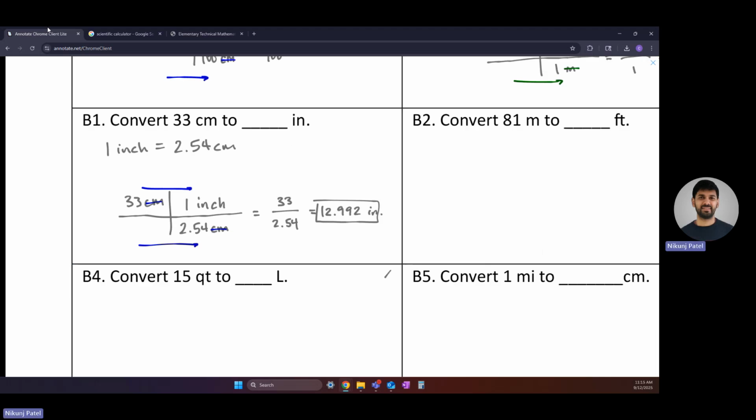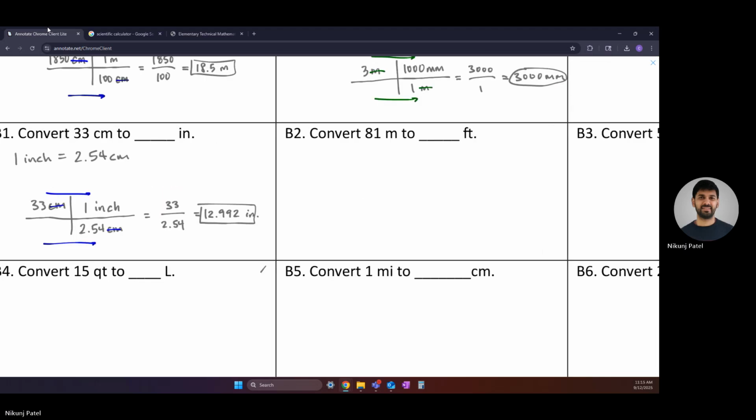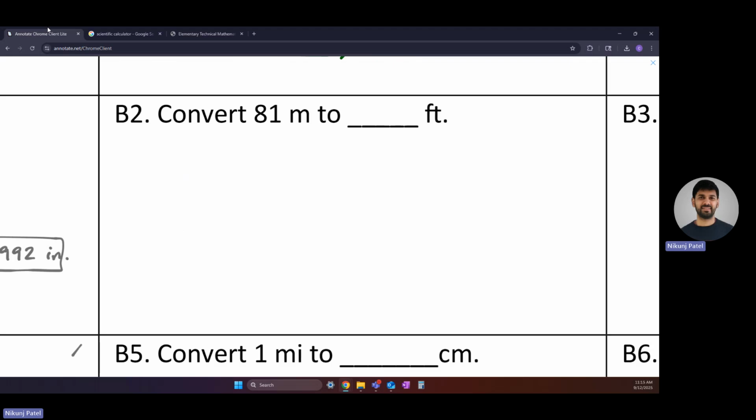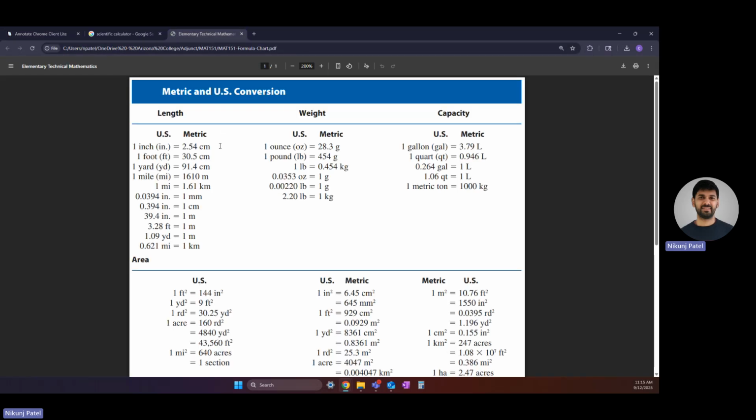Let's try another example. Let's try converting from meters to feet. So when you convert from meters to feet, this is going between the metric system to the US system. So looking at our conversion chart, we want to find, again in the length one, do you see one that says anything about meters to feet or feet to meters?